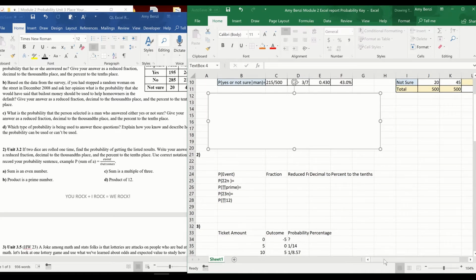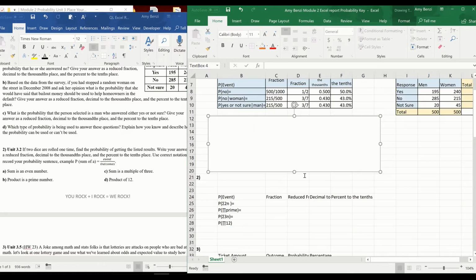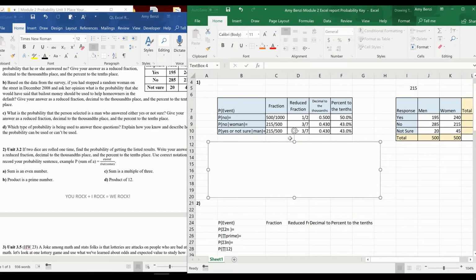All right, so for number 2, we are going to deal with outcomes of both sums and products. So let's see what that's going to look like. I kind of wish I would have given myself a little more room here, but I didn't. I'll tell you what I can do. You see how right here I have the fraction, reduced fraction, decimal to the nearest thousandths, and percent.